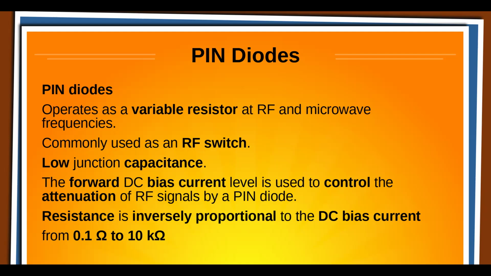They either conduct or they don't conduct. It's much quieter than using relays to do that. So if your auto tuner makes a lot of noise, it's got relays. If it's quiet, it may have pin diodes.